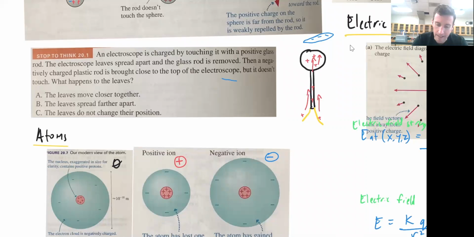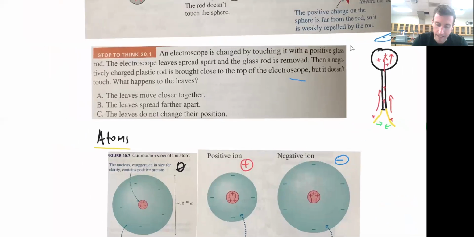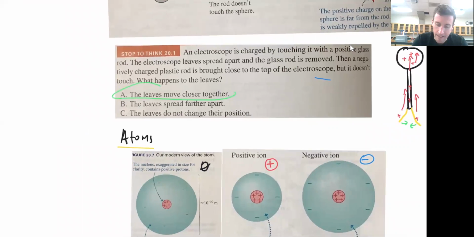Now the leaves are left as less positive, so they are going to end up getting closer together, right? Because the positive charges are no longer there. They become more neutral, and so they'll come closer together. So that would be A, the leaves move closer together as the positive charge polarizes up closer to the negative rod.